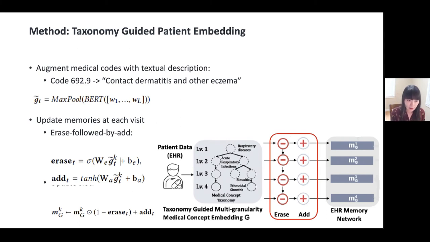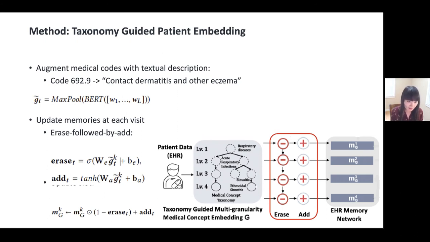Then, in clinical trial ECs, medical concepts are described in natural language rather than medical codes. Therefore, using the text description of medical codes to embed patient's EHR, instead of using one-hot encoded codes, can help the model find a matching concept. Here, we use the BERT with max pooling to generate the concept embedding.